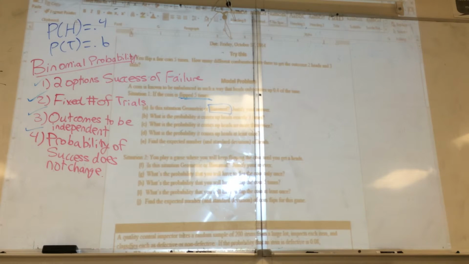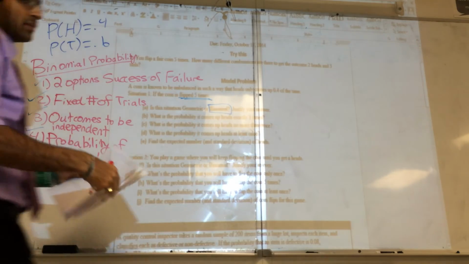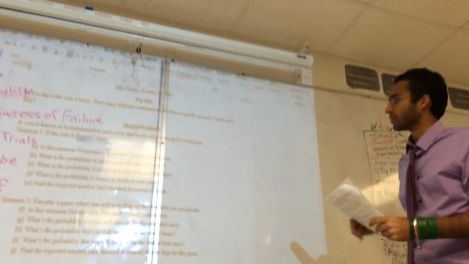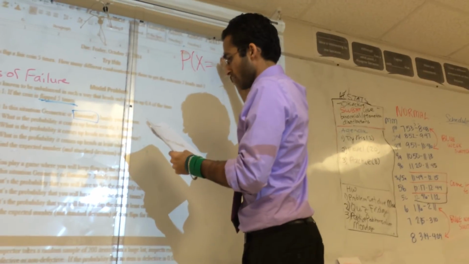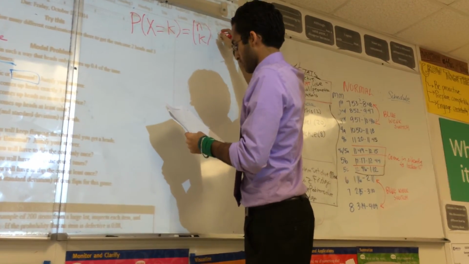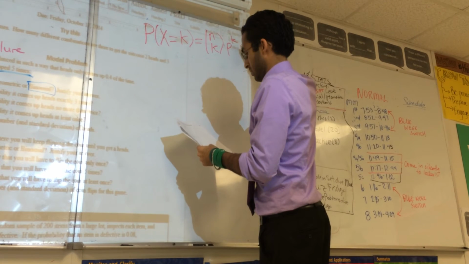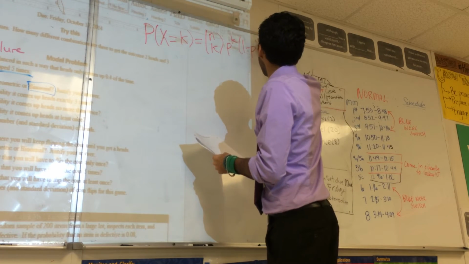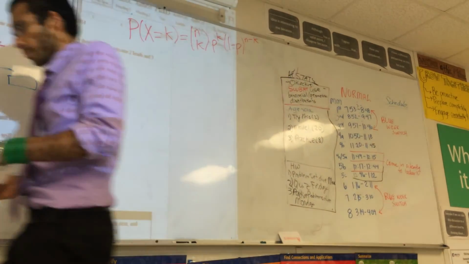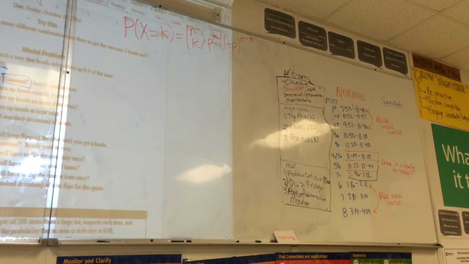If you look at your formula sheet, the probability that x equals some number k is equal to, and this looks very strange, but we'll explain exactly what this means. So this is what we have up here. If you look at the formula sheet, it says that's the probability if it's a binomial distribution.